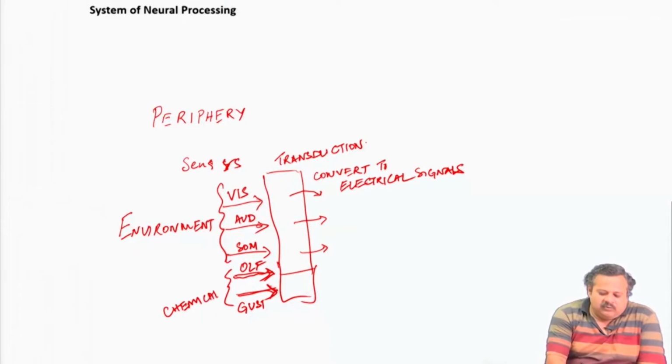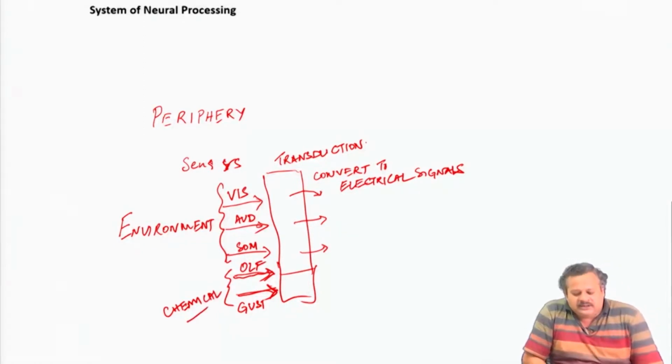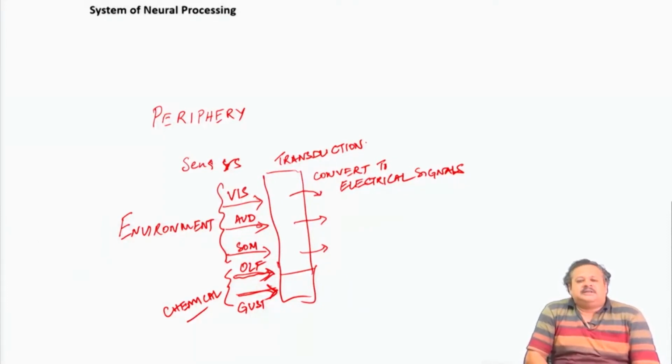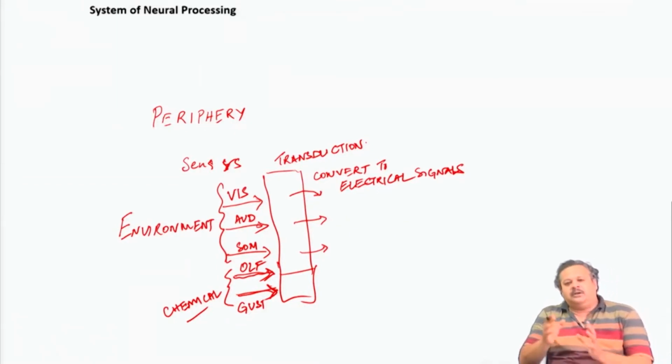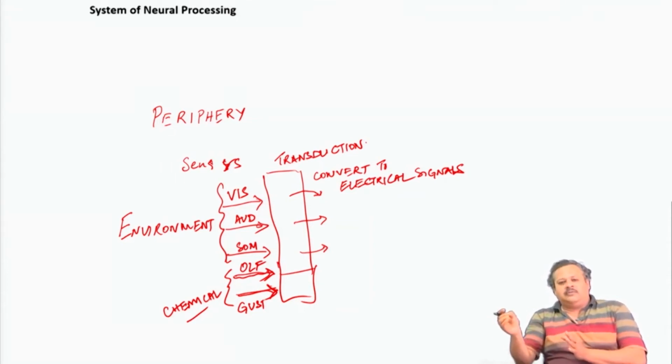That is, they are more special or different in the sense that here the stimuli are not parameterizable. We cannot assign numbers to the different kinds of olfactory stimuli such that they can be put in an ordered space. That is, one olfactory molecule is greater than another olfactory molecule. We simply cannot say that.